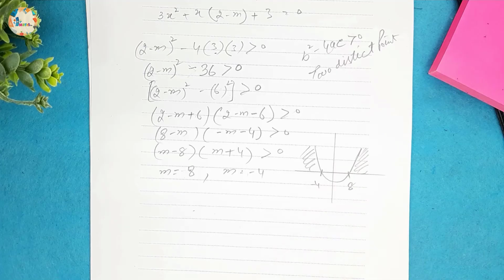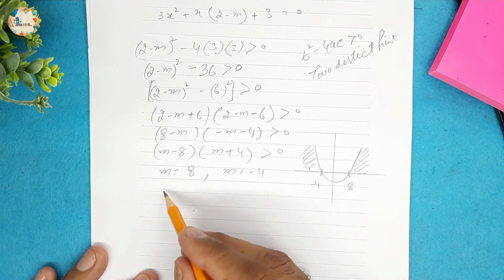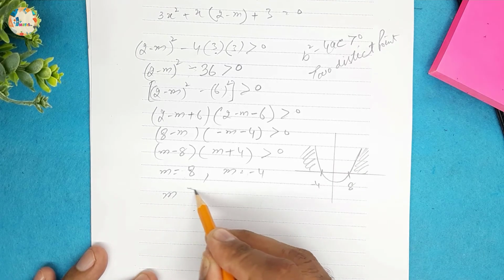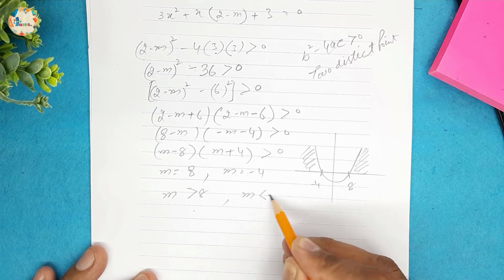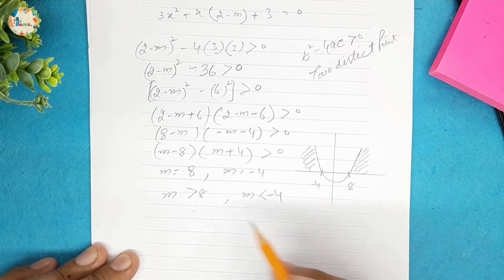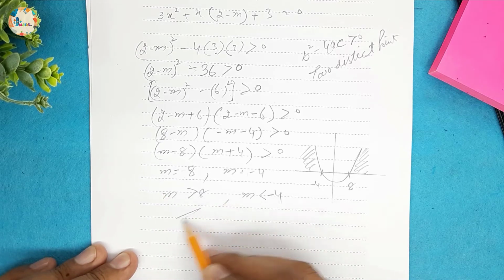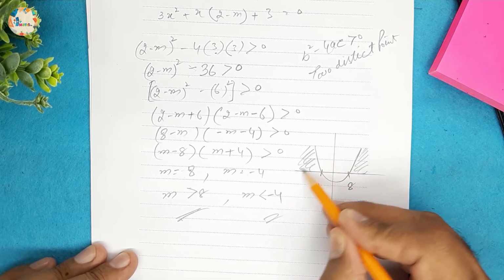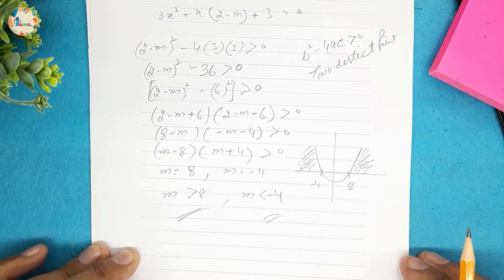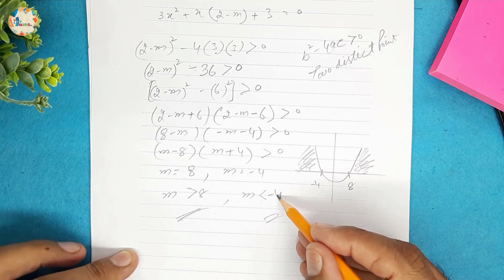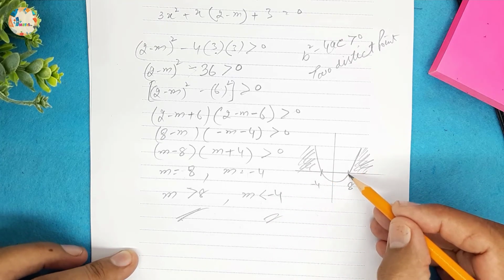So we can write m is greater than 8 and m is less than minus 4. This will be our final answer for this part, because we require this portion and this portion.